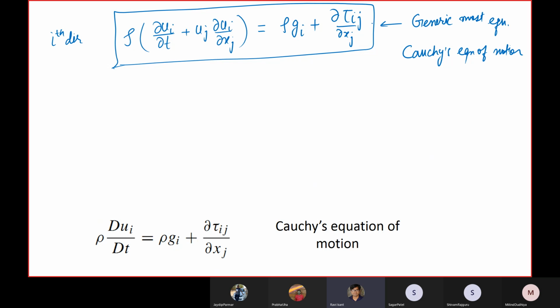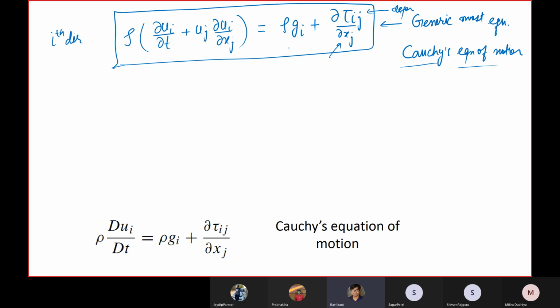Because you can substitute your surface forces in any manner. I haven't related my stresses with deformation right now, nor do I know whether the fluid is Newtonian or non-Newtonian, viscous or non-viscous. Obviously, viscous forces and pressure forces will come into the picture, but this is the most general step towards building the Navier-Stokes equation, which comes from here only.